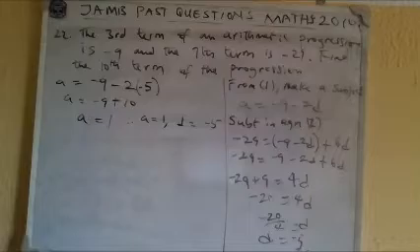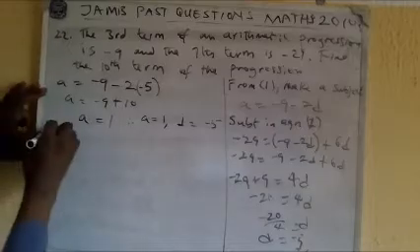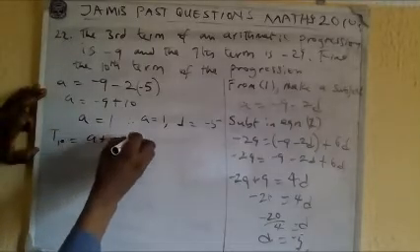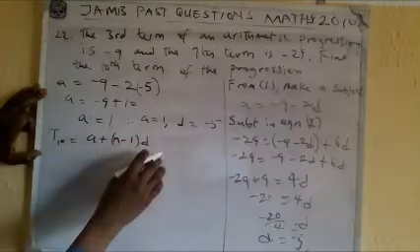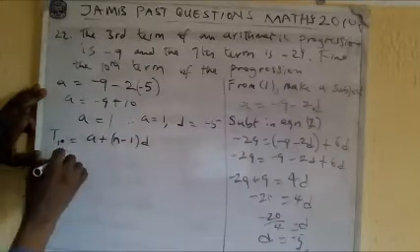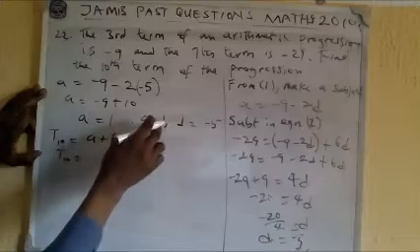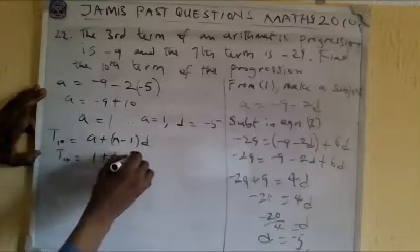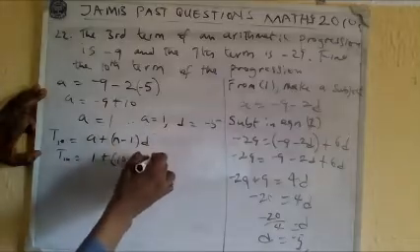But our goal is to find the 10th term. So T10 has its own formula, a plus (n minus 1) d. This is the formula for T10, where n is 10. So T10 is equal to a, which is 1, plus n is 10 minus 1, then d is minus 5.